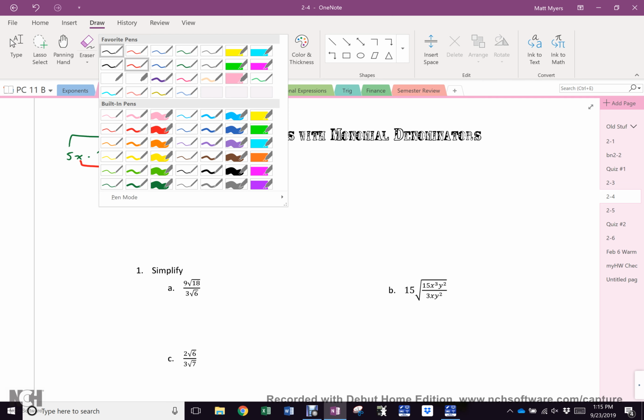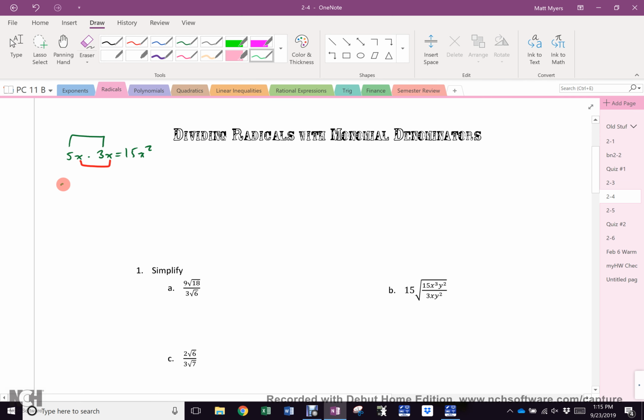And that led us to 5 root 2 times 3 root 5 to get us to 15 root 10. Right? And again, we took the coefficients and we took the arguments, and that's how we got it. Right? Okay. Well, now we're going to work on dividing.